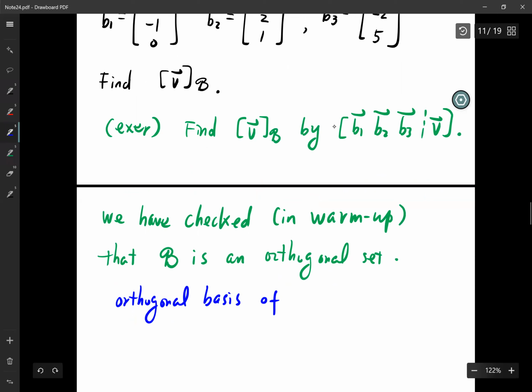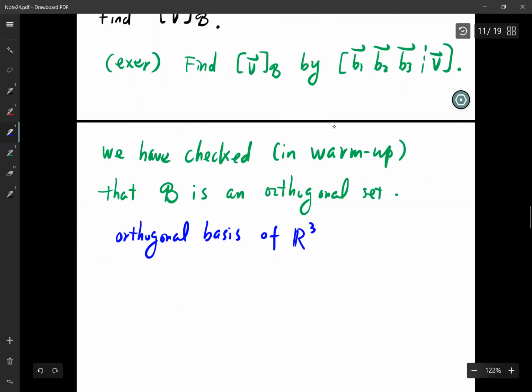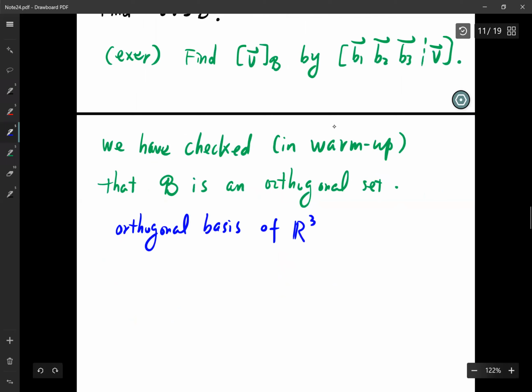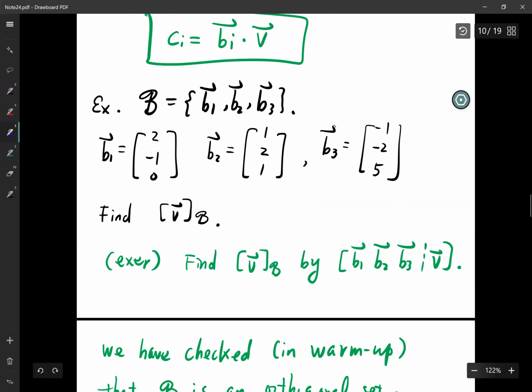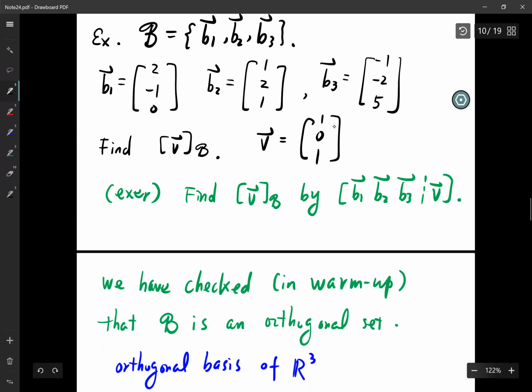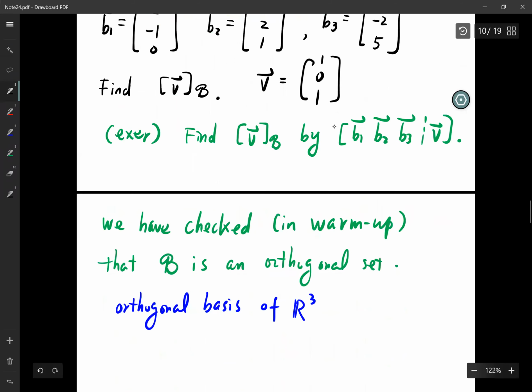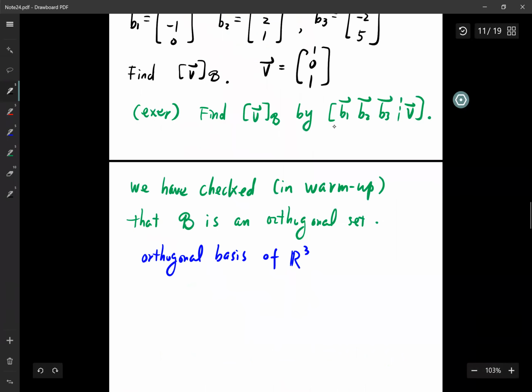Why? Because there are 3 vectors and they're linearly independent, so the span must be R3. Then I can just evaluate. Oh, sorry, I didn't write what V is. V, let's say it's 1, 0, 1. I give you some vector. So now I just evaluate the 3 coordinates.